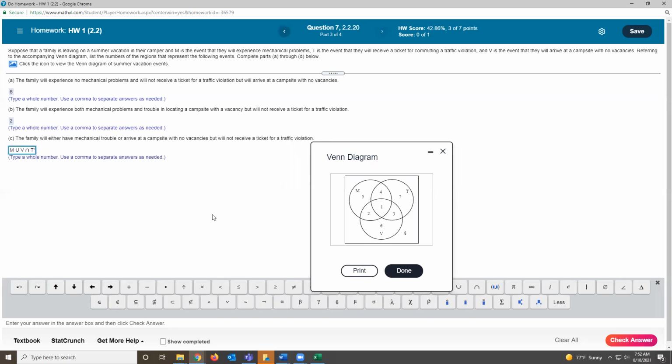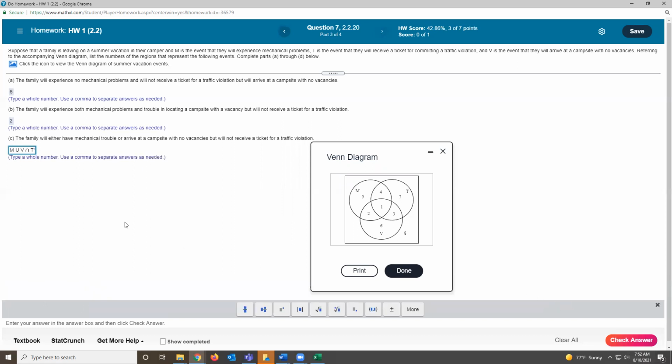So now we list them. So M is 5, 4, 2, 1. V is 2, 1, 3, 6. And T is 4, 7, 1, 3, so the complement is 5, 2, 6, 8.